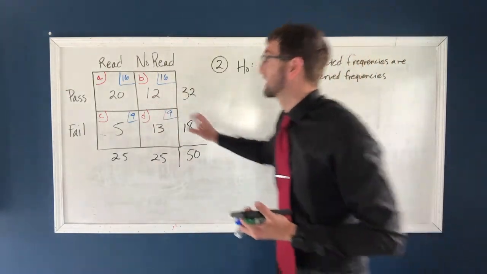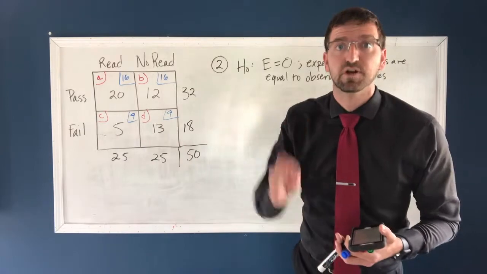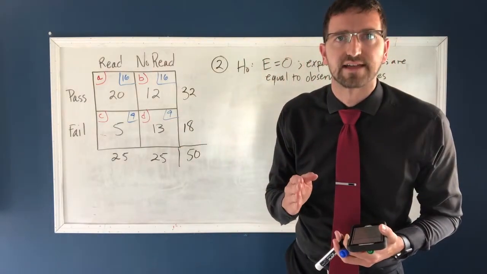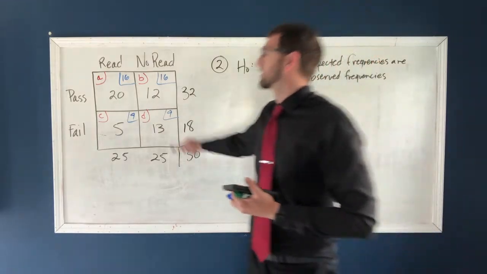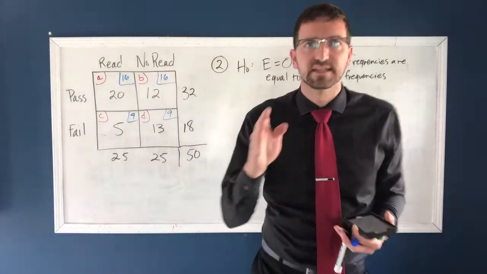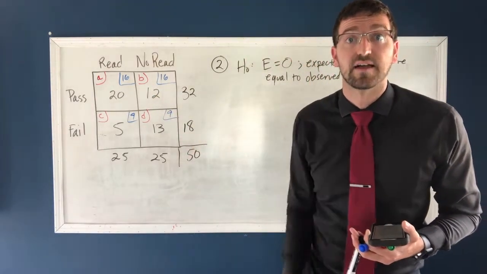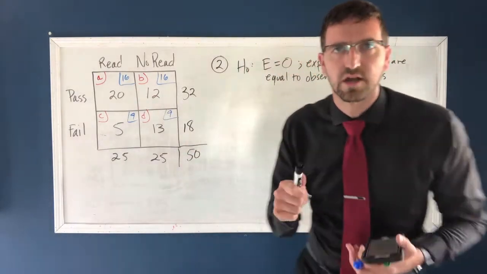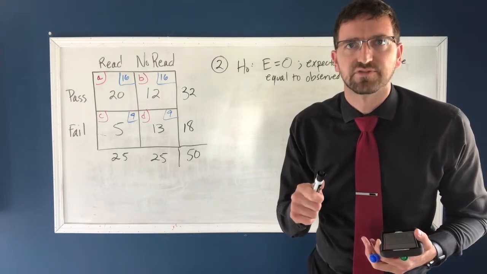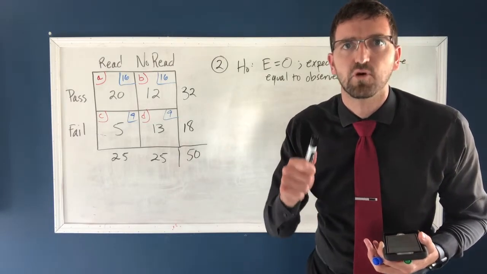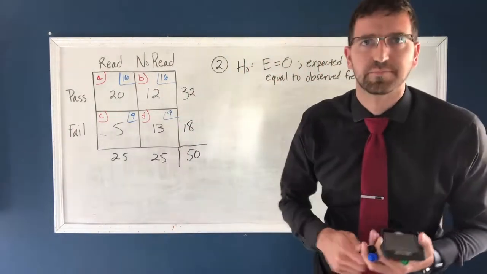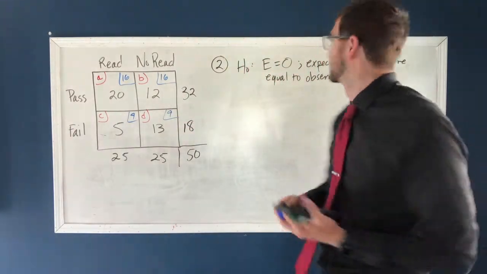The two variables being reading the course textbook or not reading the course textbook, and passing or failing the class. So these expected frequencies represent the null hypothesis. The closer your observed frequencies are to your expected frequencies, the more likely that there's no relationship between these two variables.